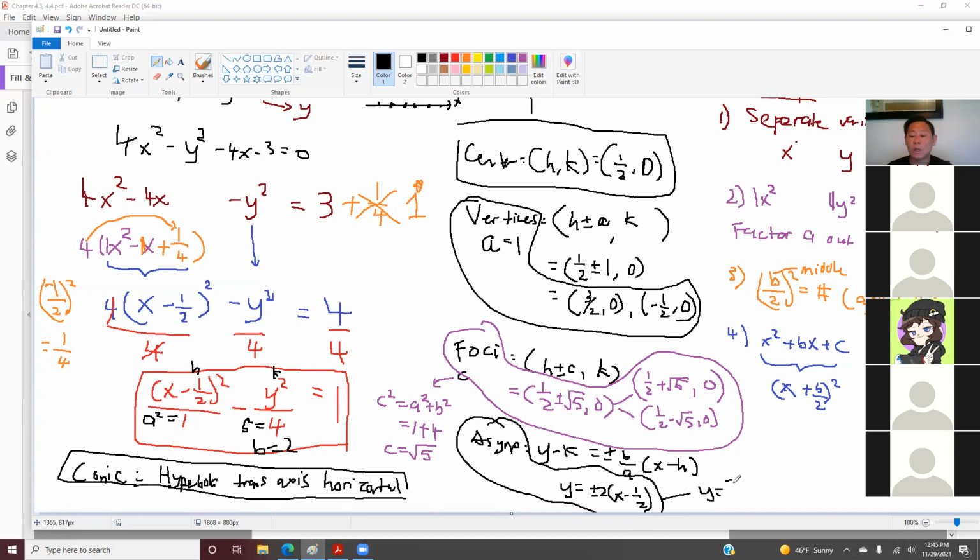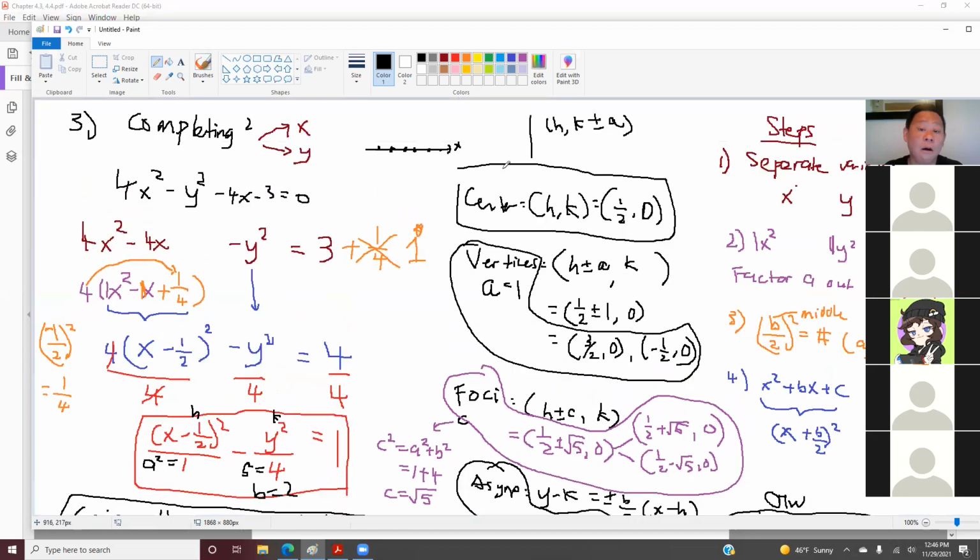So you will get y equals 2x minus 1 if you take positive 2 and distribute it, or y equals negative 2x plus 1 if you use negative 2. So this is what you need to write down on your online homework. But for me in the test, you just write this down, which is fine with me. You do not need to distribute your positive and negative 2 inside to get this answer.